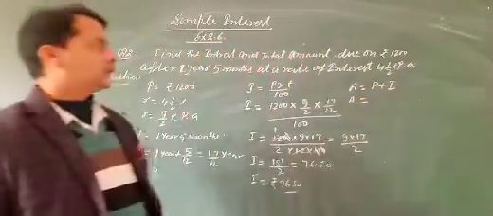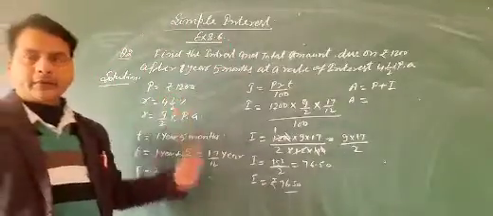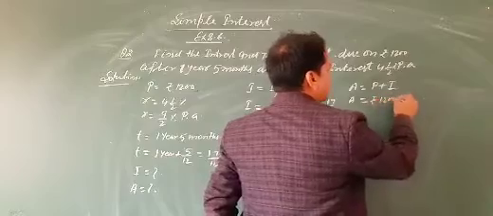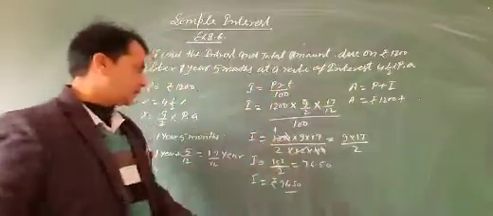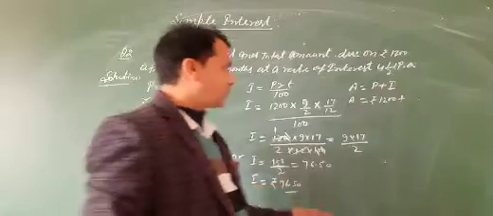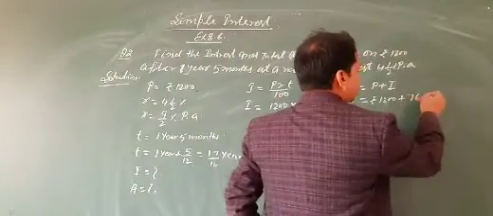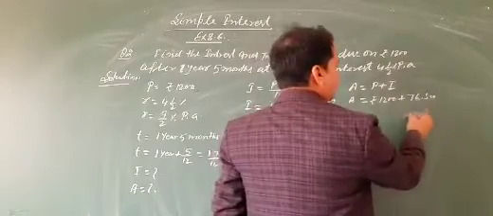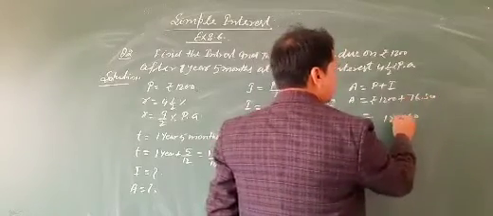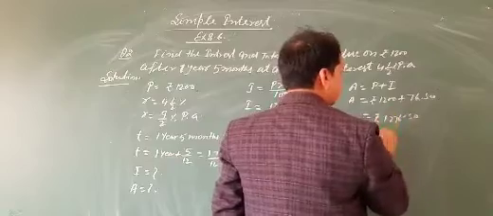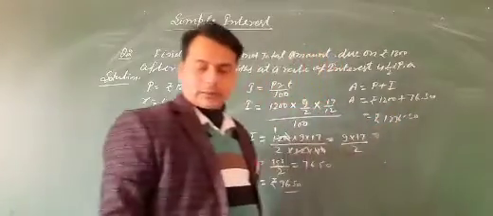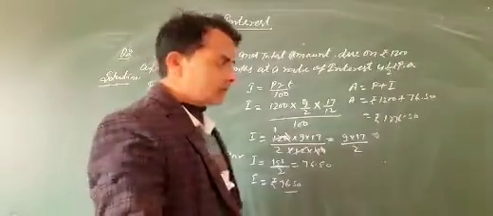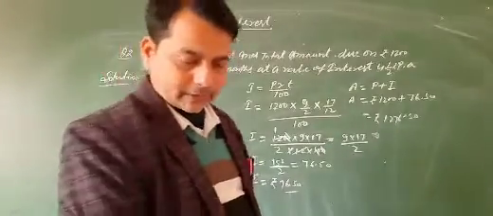So principal is given here, that is 1200, plus interest is here 76.50. Then 0.50 and 1276. So total amount is here 1276 rupees 50 paise.